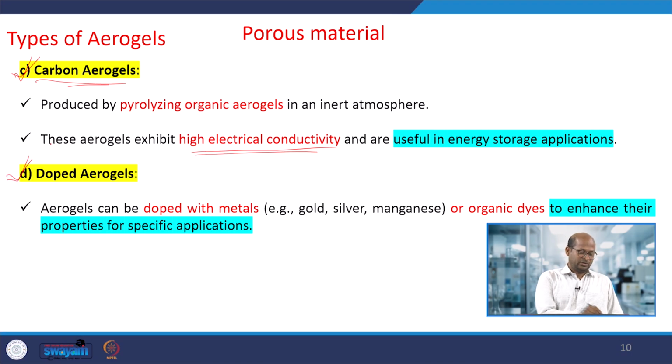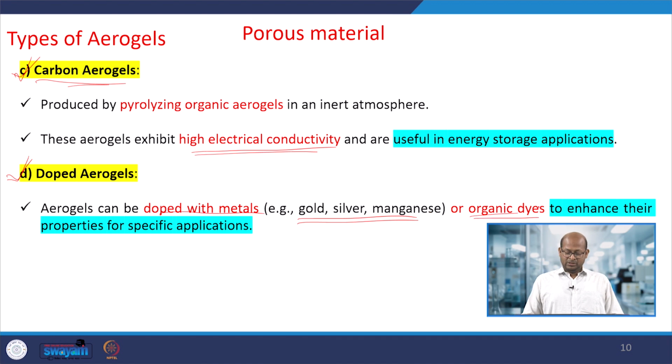Doped aerogels also we can prepare. Doped means that, let us say, with the inorganic aerogels we have prepared, at different quantities such as 1%, 2%, 3%, any other metals can be doped into that particular metal oxide to prepare the doped aerogels.